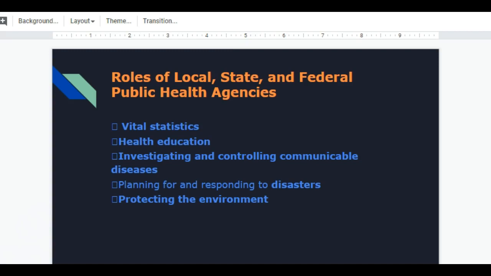I think about the victims of Hurricane Katrina and their living conditions and issues with their health after that disaster. Also, public health agencies are called to protect the environment. We protect the environment because the environment is where people live, and our job as public health professionals is to reduce the risk to people's health by protecting the environment.